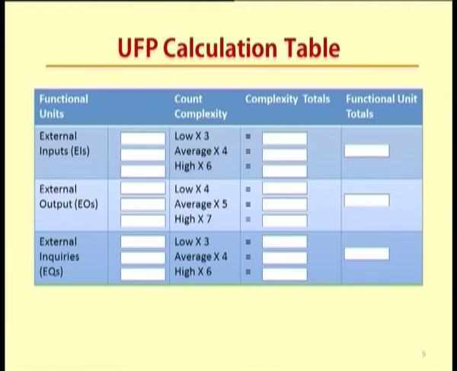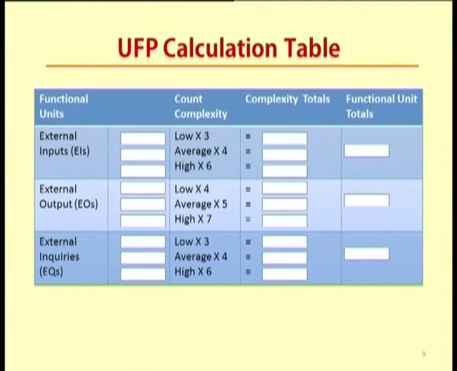These are to be explicitly plotted in concurrence with the customer and the developer. These values will be initially given: how many are at the low range, how many at the average, and how many are of high complexity.